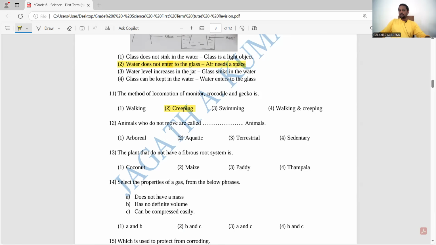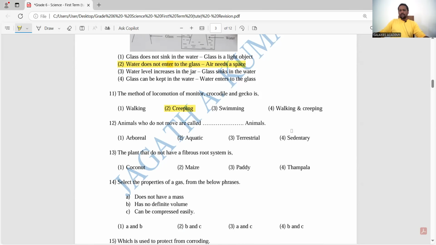Animals who do not move are called blank animals. You know, some animals, we can see the movement, but they can't locomote. What are the examples for those animals? Coral polyps, right? And also sea anemone, they are fixed to the surface, right?